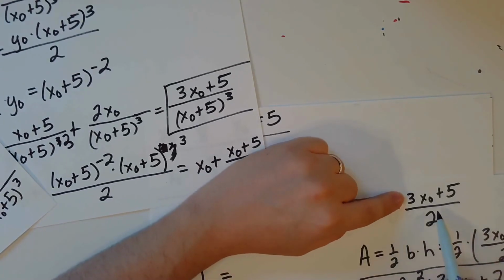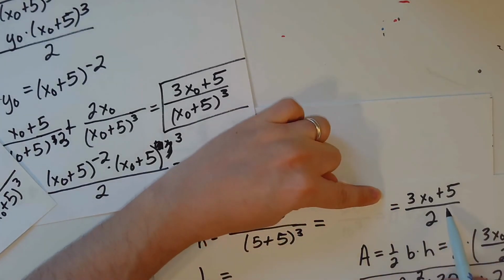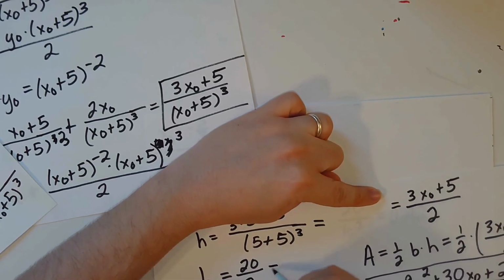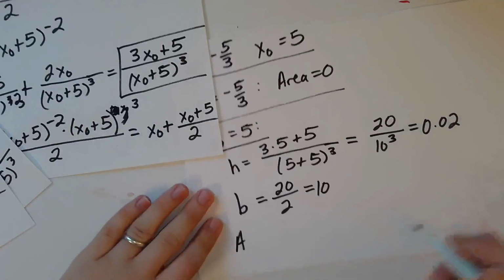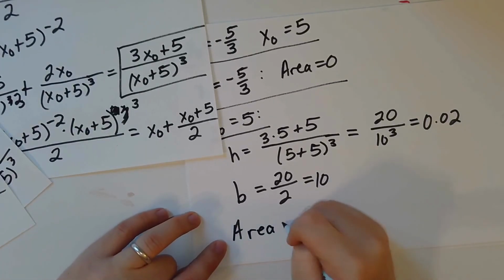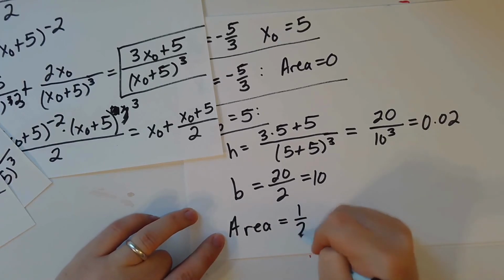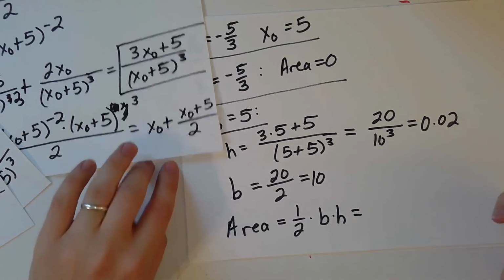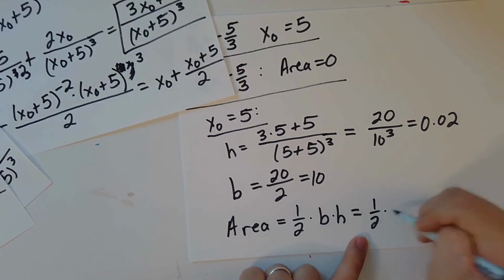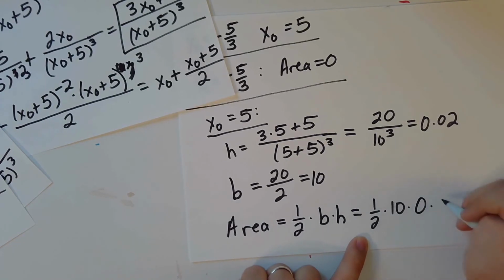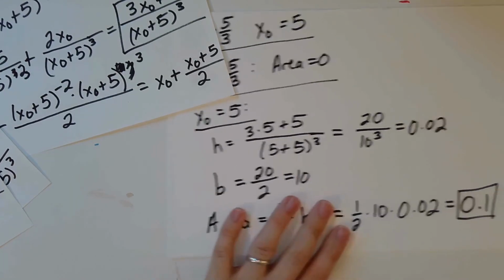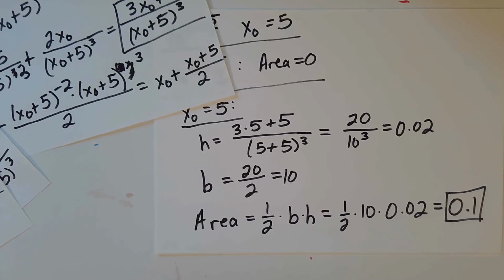Then the base, by our simplified formula for the base, which I'll remind you is this, was 20 divided by 2, which is 10. So then the area of our triangle is 1/2 times the base times the height, which is 1/2 times 10 times 0.02, which will be 0.1. And that is the largest area that our triangle can have.